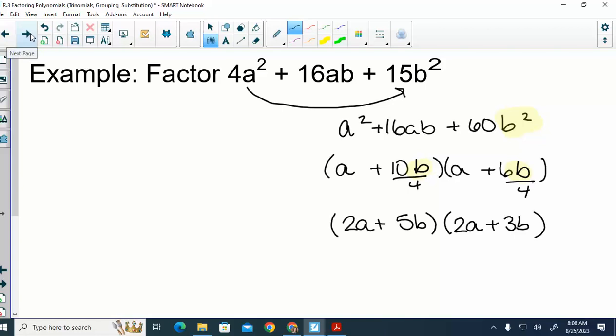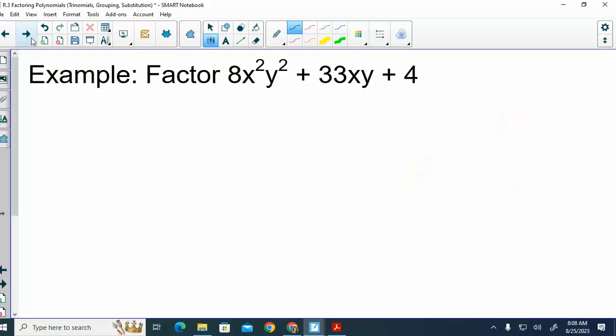Let's do another. Do we have a greatest common factor?